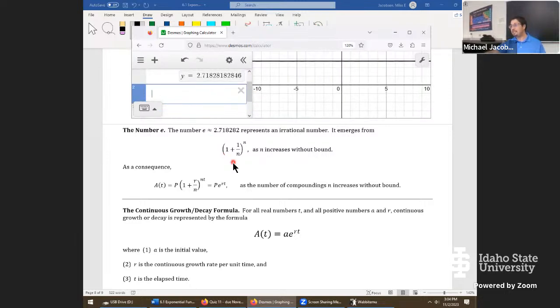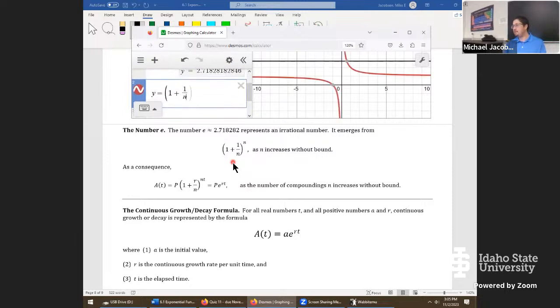Next thing we'll put in is that equation. So it is y equals (1 plus 1 over n) to the power of n. Looks pretty bad over here, but remember, n is supposed to be a positive number, greater than or equal to 1. So let's give it the right domain so it doesn't look so crazy.